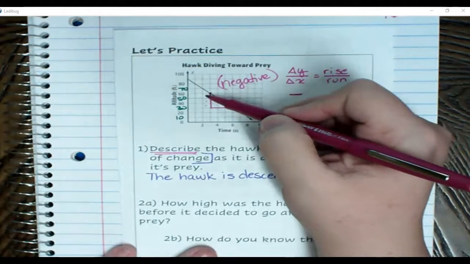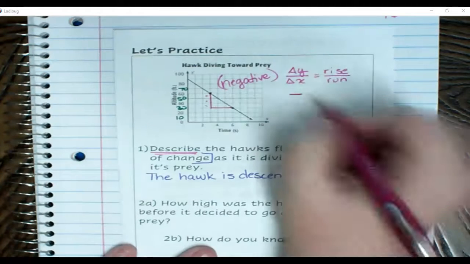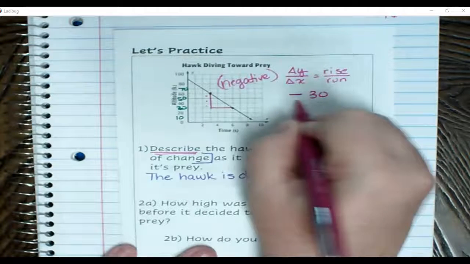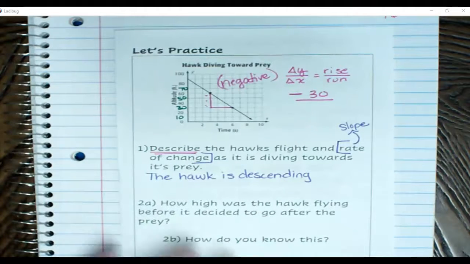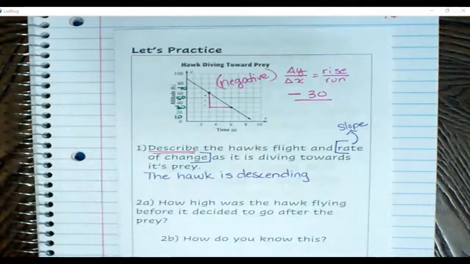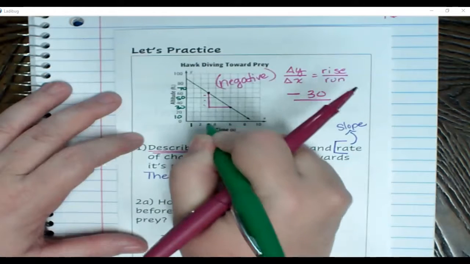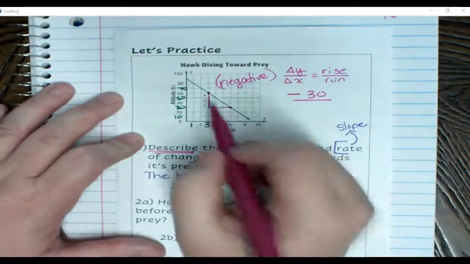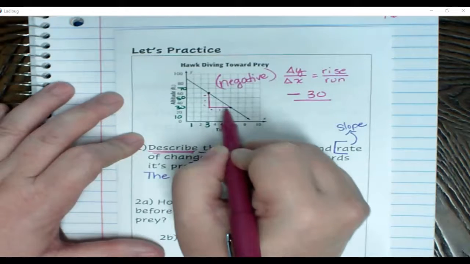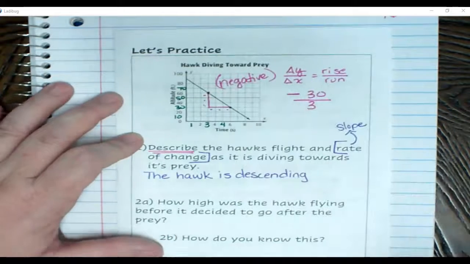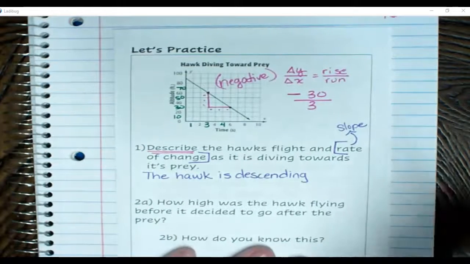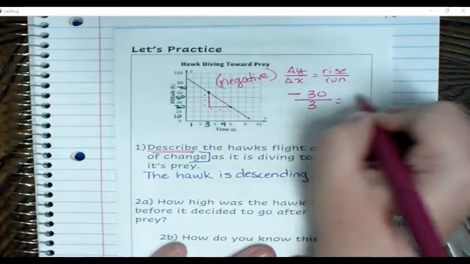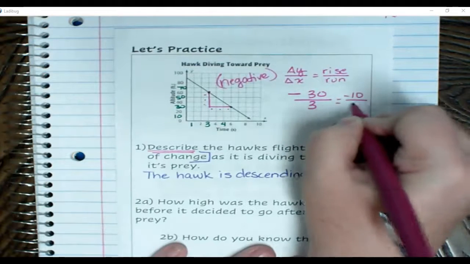So that would be 10, 20, 30. So my rise is 30. Now on the x-axis, we're still counting by 1s. If I fill these in, you can see we're counting by 1s. So that's just 1, 2, 3. So negative 30 over 3. And we can simplify that to negative 10 over 1.